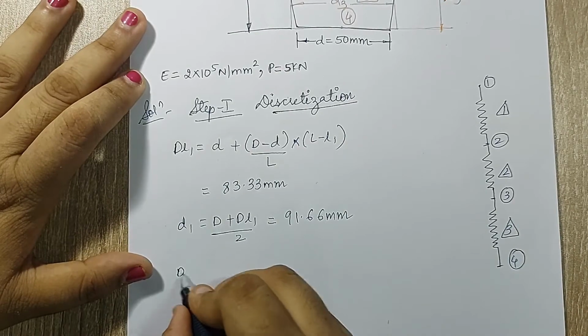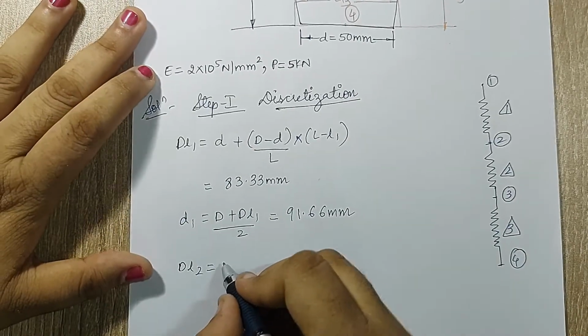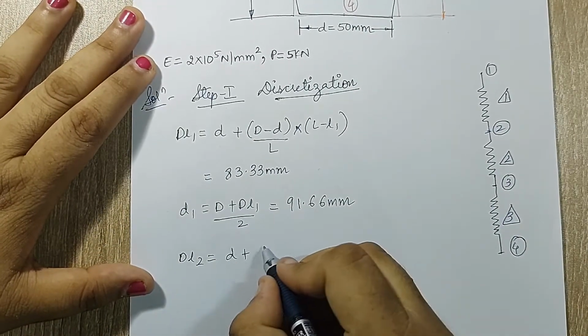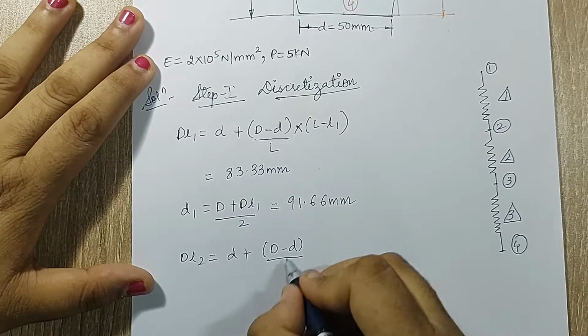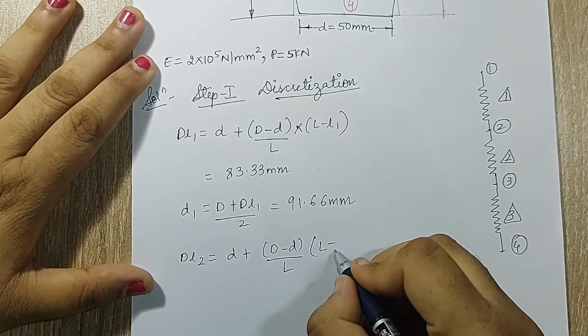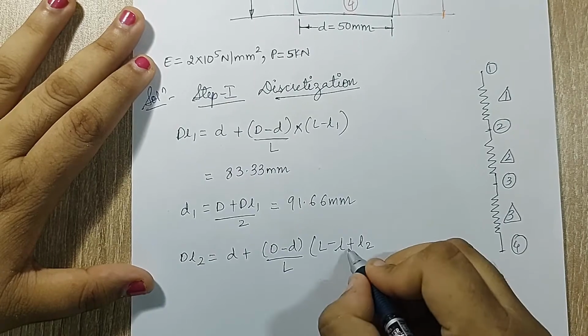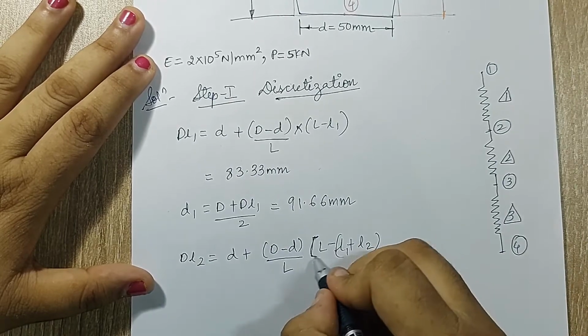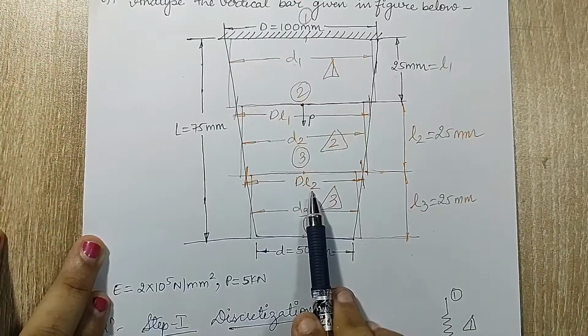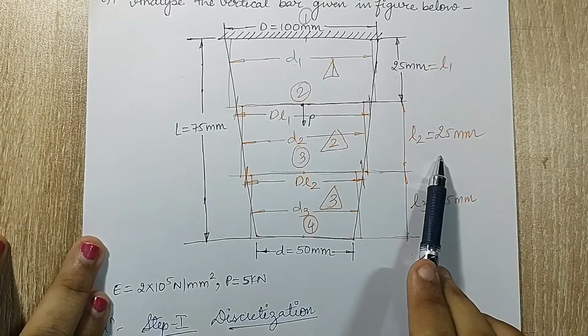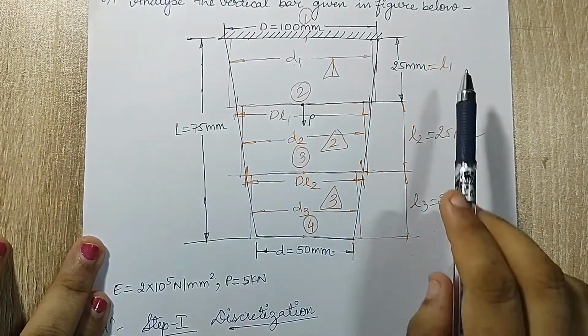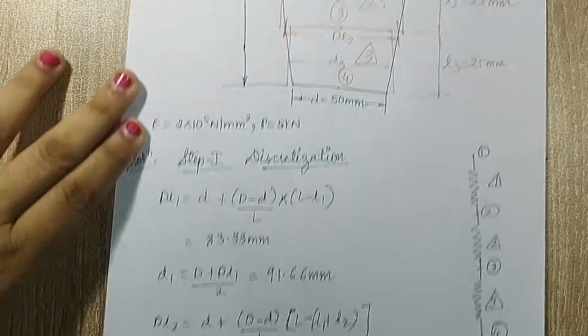Next I'll go for calculation of DL2, which will be D plus (capital D minus D upon L) into (L minus (L1 plus L2)). This is important because DL2 is at a distance of 50 mm from the top end, so I'll have L1 plus L2.